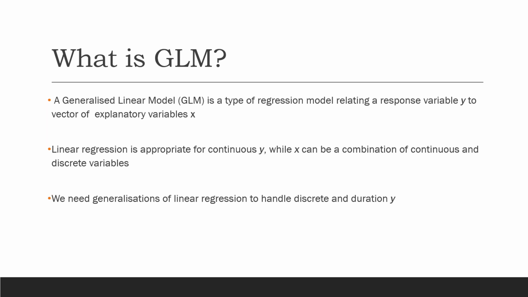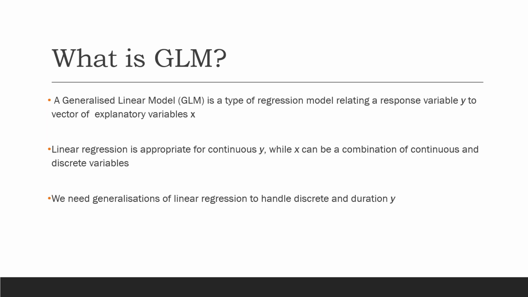In linear regression, y is continuous. So when it comes to modeling discrete variables, for example, linear regression is not the correct choice. What GLMs essentially give us is a way of modeling discrete and duration variables in addition to continuous variables.